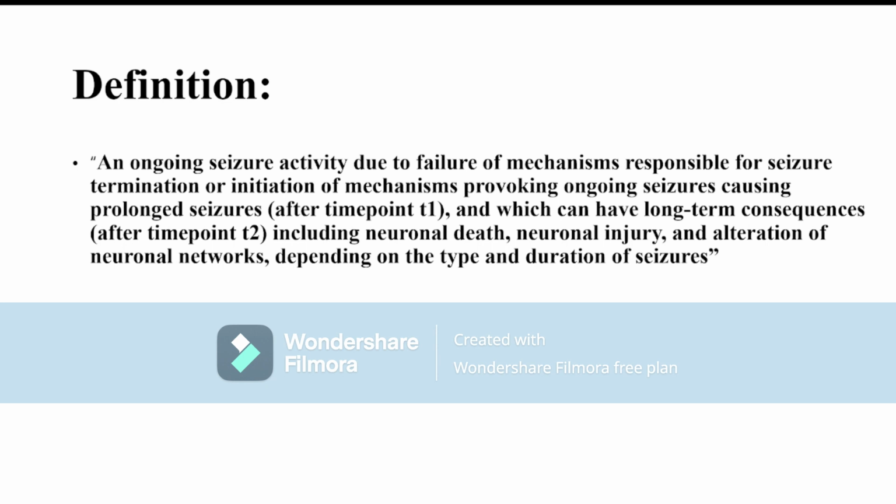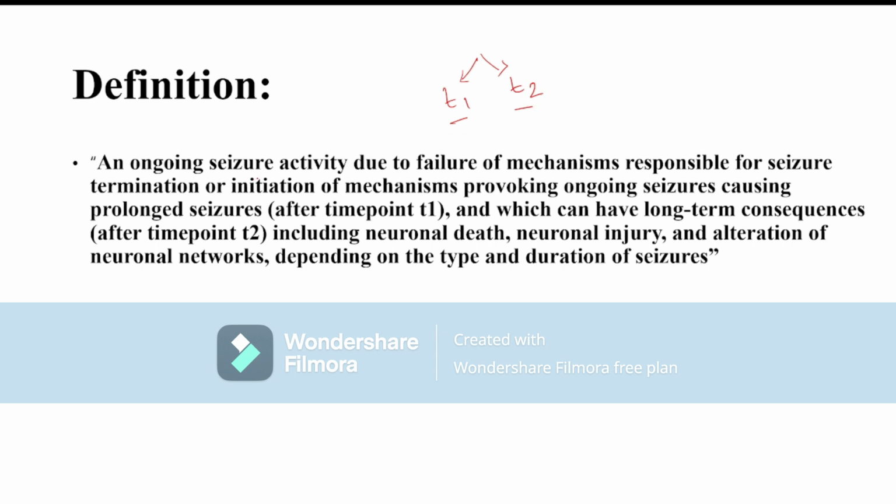Previously we thought that if the convulsion of a patient lasted more than 30 minutes, it was called status epilepticus. But now the definition has changed, and it is divided into two time points, that is T1 and T2. What are T1 and T2? I will discuss later on.